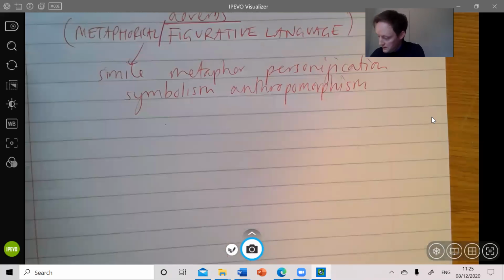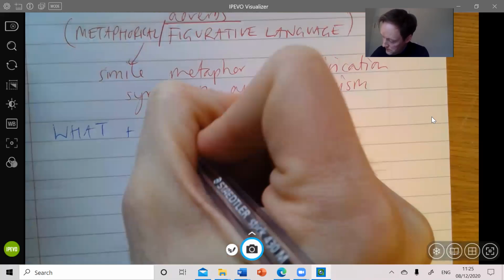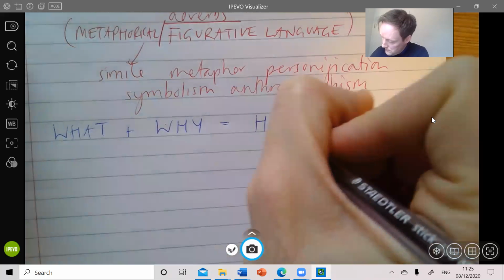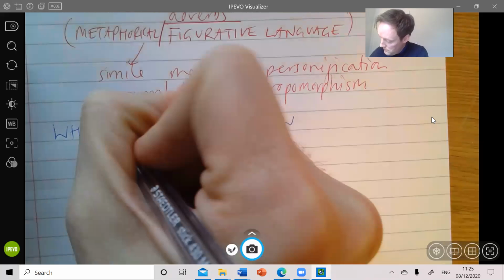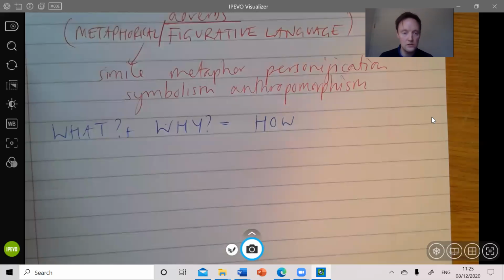And a nice way to think of this is this sort of reasonably mathematical formula: the what plus the why is equal to the how. So some of your teachers will do what, how, why. They're kind of much of a muchness in some respects. What does the writer do? What words do they choose?